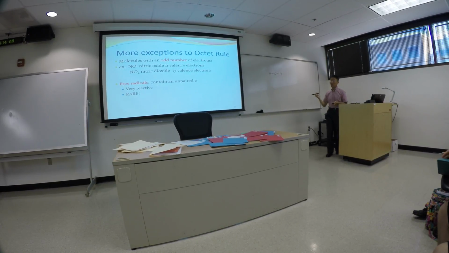Nitrogen monoxide and nitrogen dioxide are examples. When you have an odd number of electrons, you end up with what we call a free radical. A free radical means there is a central atom with a lone electron, a single electron, not a lone pair. A lone pair would still be okay. Here you have a single electron, not a pair.